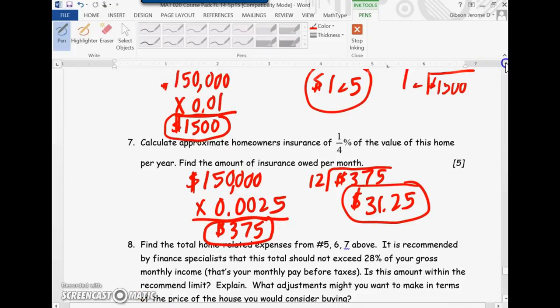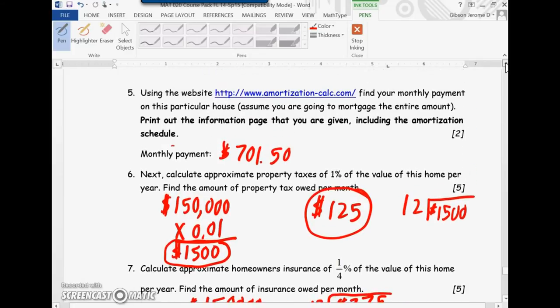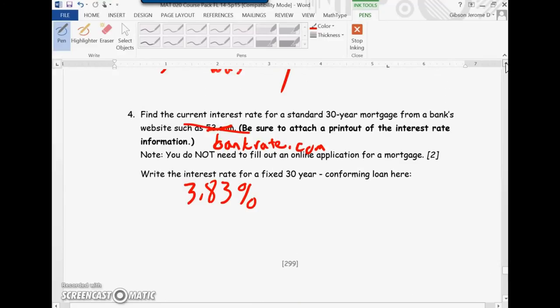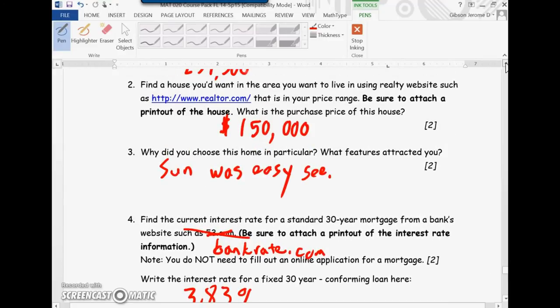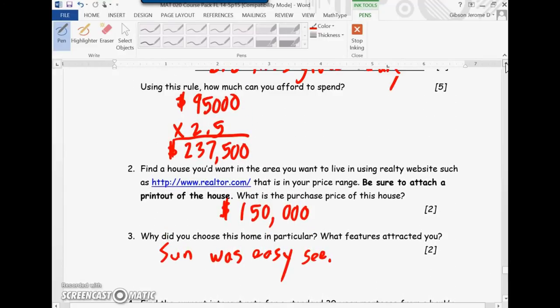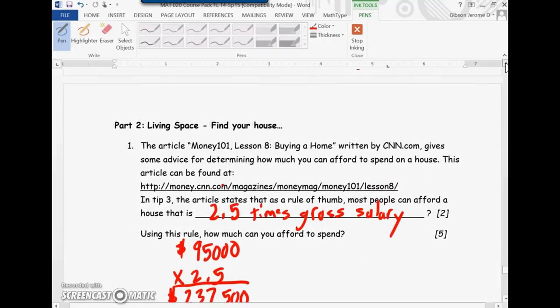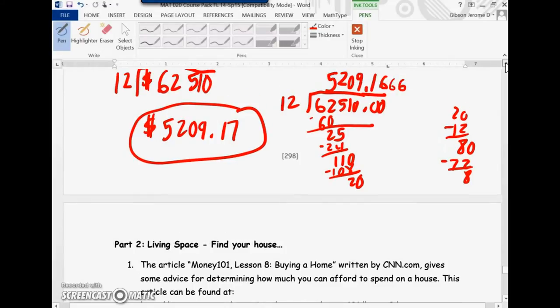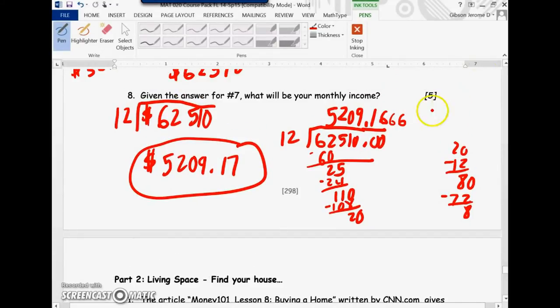It's actually on the second page, number 8. Whatever you got for number 8 on the second page. Let's scroll back here. Okay, now, this is your net monthly income, the $5,209.17.